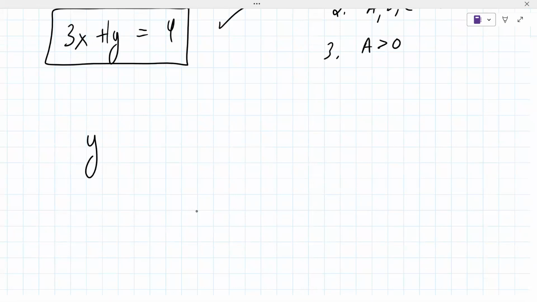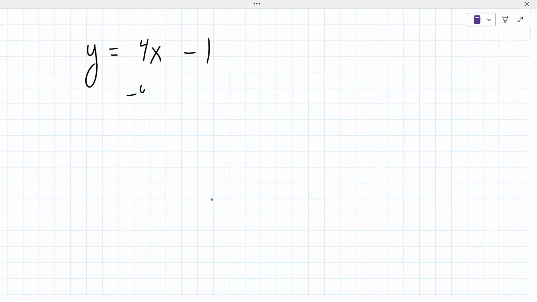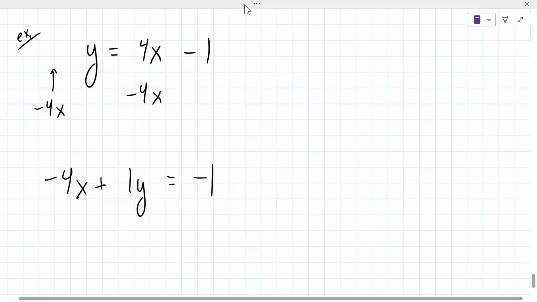But we're going to introduce some different problems, like y equals 4x minus 1. So now we're going to subtract 4x from both sides. Again, x should come first. This is minus 4x plus 1y equals negative 1.